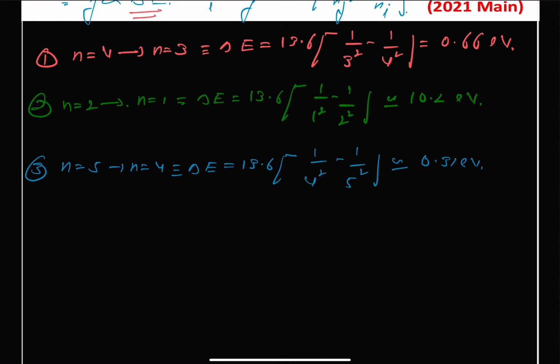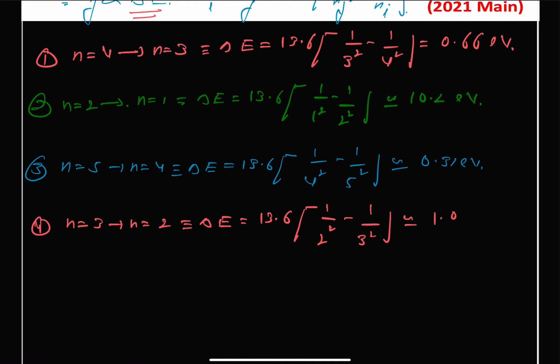And finally we have n3 to n2, which gives us delta E equal to 13.6 times 1 upon 2 square minus 1 upon 3 square, approximately equal to 1.89 electron volt.